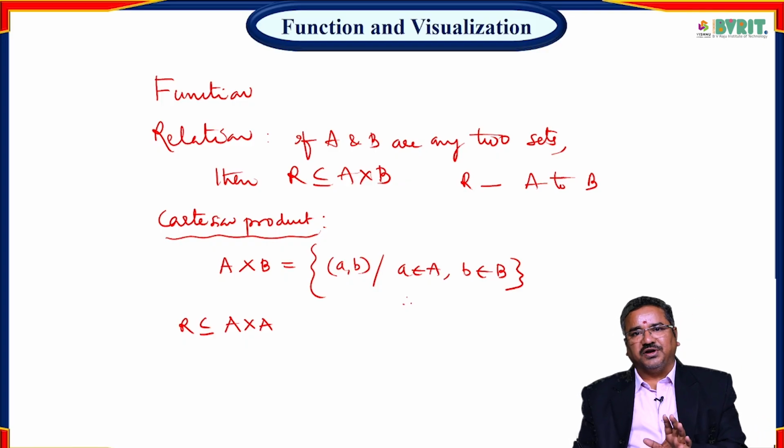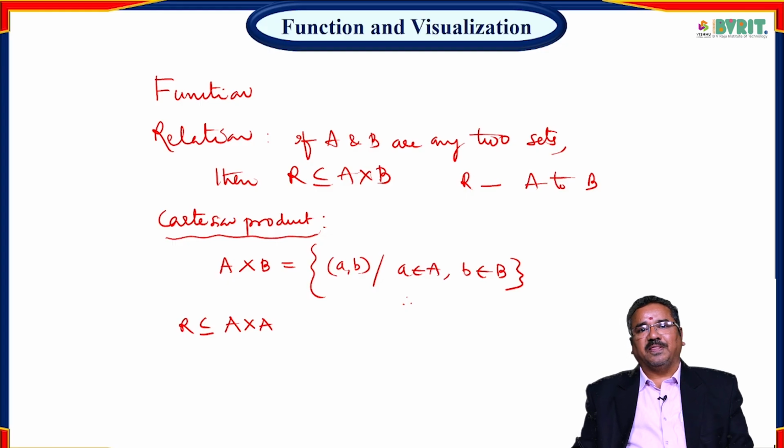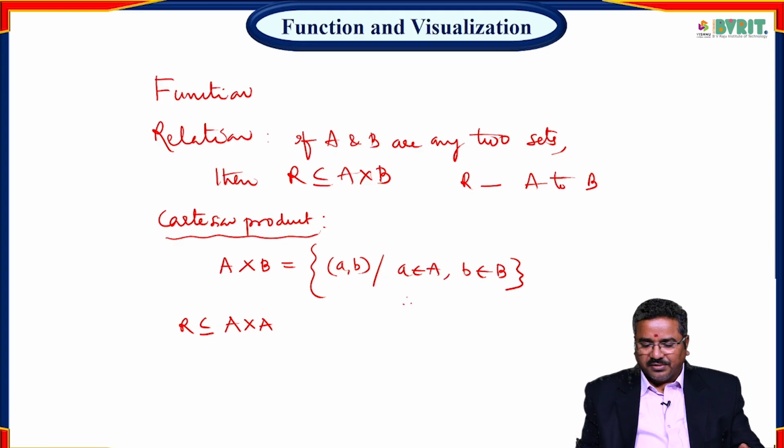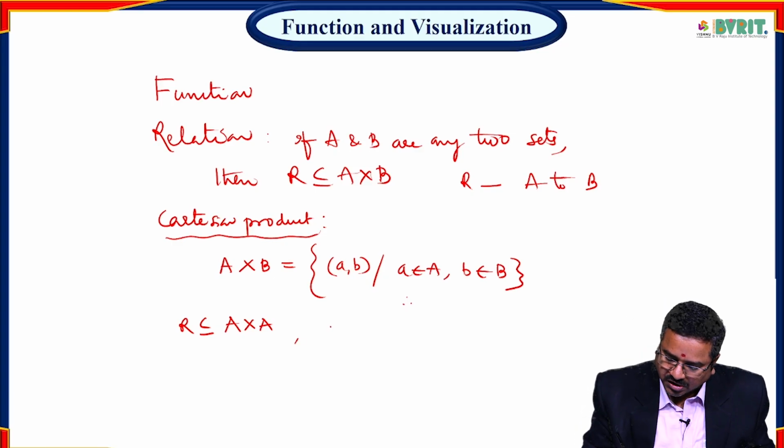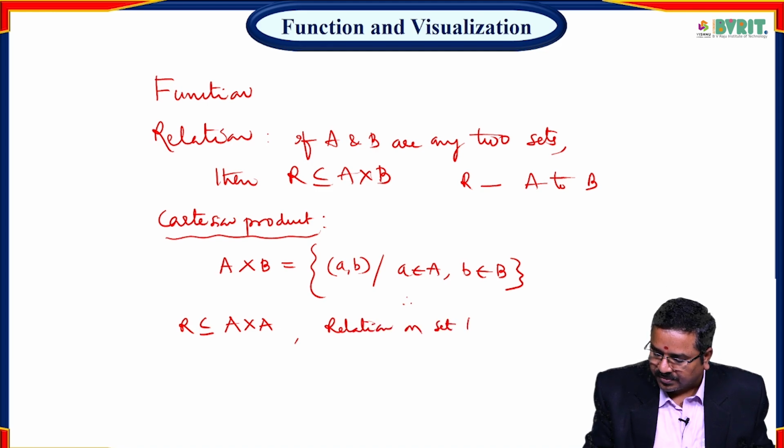Suppose we have only one set instead of two. If we construct A cross A, any subset of A cross A is called a relation on A. Then R is called a relation on set A.